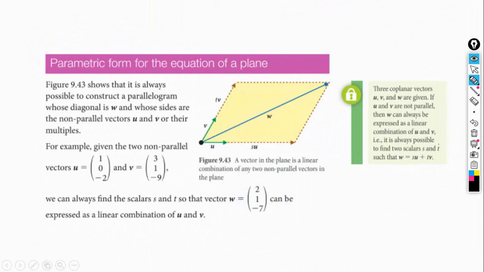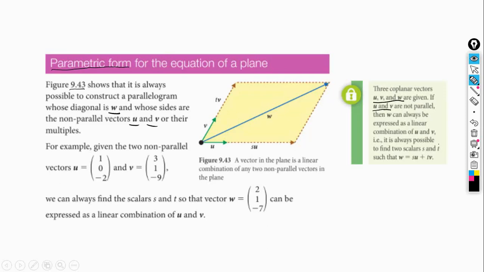So now we're going to take a look at the parametric form for the equation of a plane. If you look at figure 9.43, it shows that it is always possible to construct a parallelogram whose diagonal is w and whose sides are the non-parallel vectors u and v, or their multiples. So in other words, three coplanar vectors u, v, and w are given.